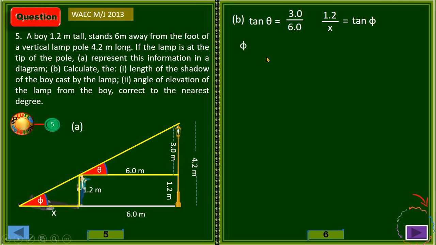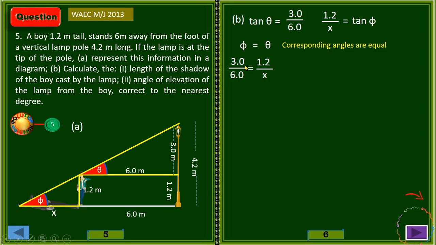So phi is equal to theta, corresponding angles are equal. Since phi is equal to theta, we're going to equate the ratio for tan theta to that of tan phi. Then 3.0 over 6.0 will be equal to 1.2 over x. Now the only unknown here is x.